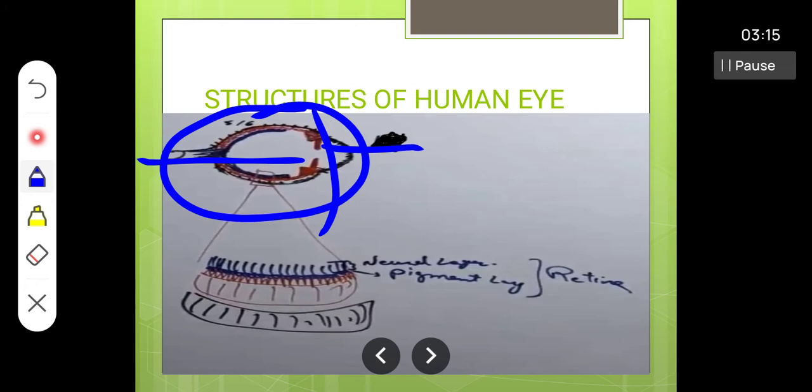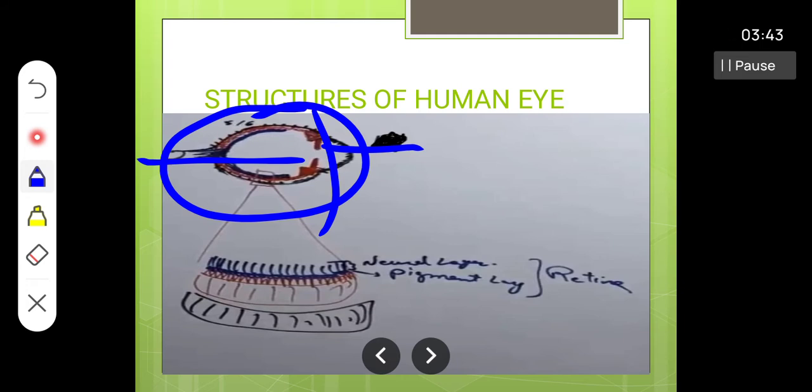The 5/6 posterior part is opaque, and the anterior 1/6 part consists of the cornea. The cornea is the transparent part; it allows light to pass through. So this is about the outer coat of the eyeball.